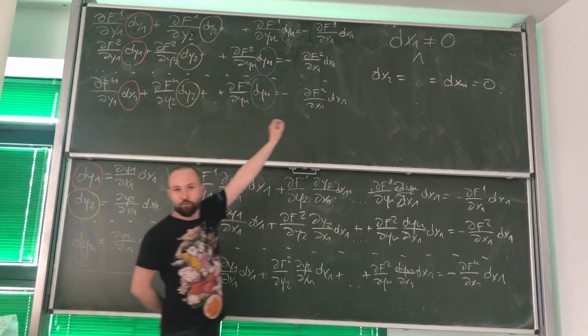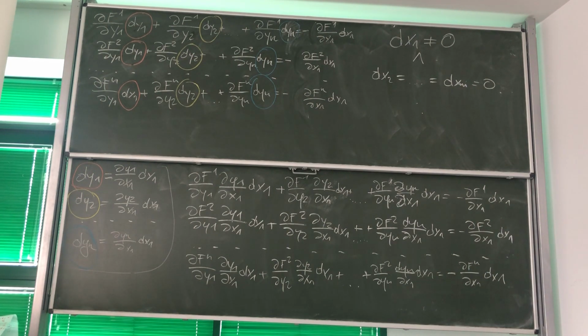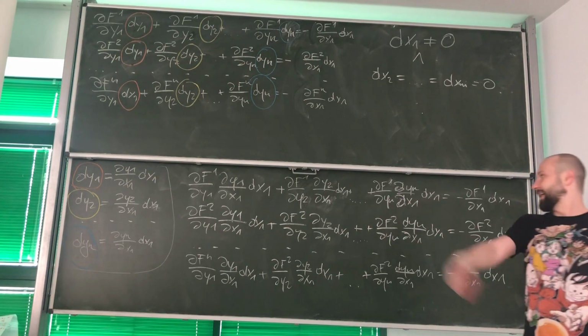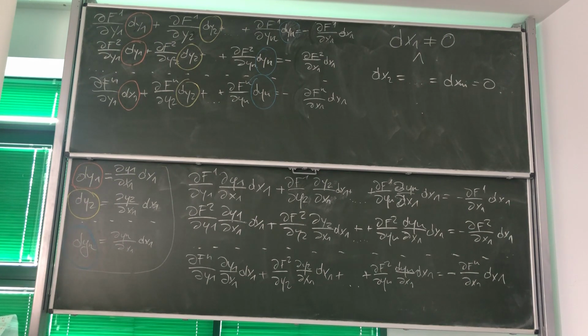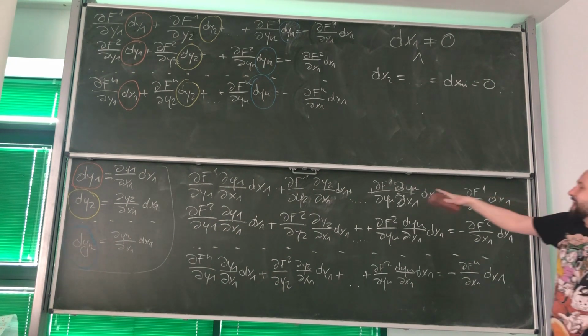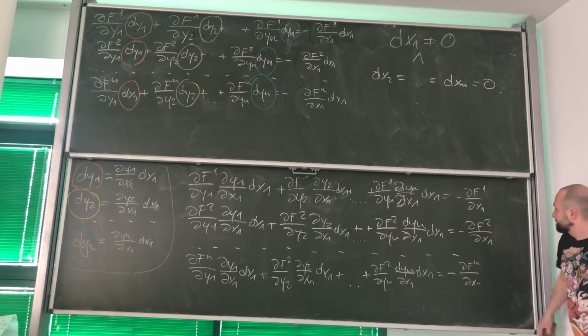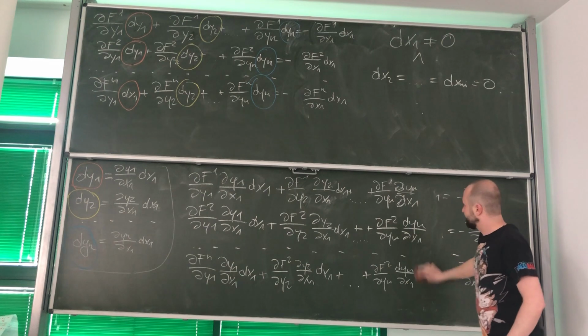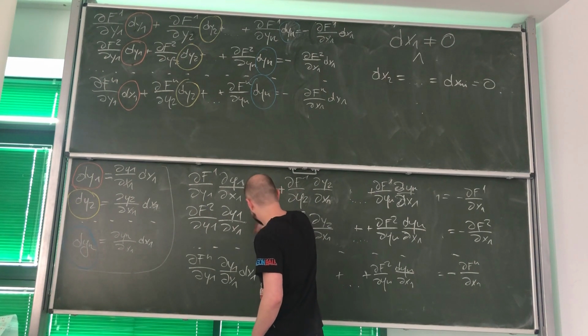We know also that dx1 is different than 0. So what does it mean? If I'm 100% sure that dx1 is different than 0 because I assumed it, I can divide both sides of this system of simultaneous equations by dx1. And each element here has got dx1. So now this is becoming far, far simpler.